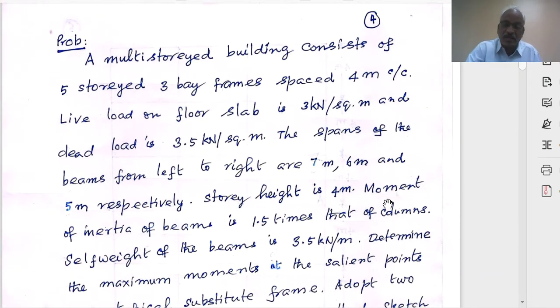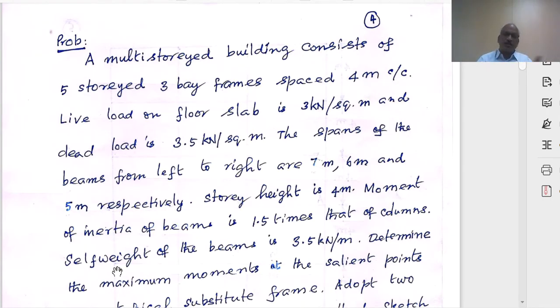Now we have seen the columns and also the beams. The moment of inertia of the beams is 1.5 times that of the column. It is given data. Here again, one more point. We have to approximately assume the dimensions, because many people are not aware of this point: how to assume the preliminary dimension for a beam, and how to assume the preliminary dimension for a column.